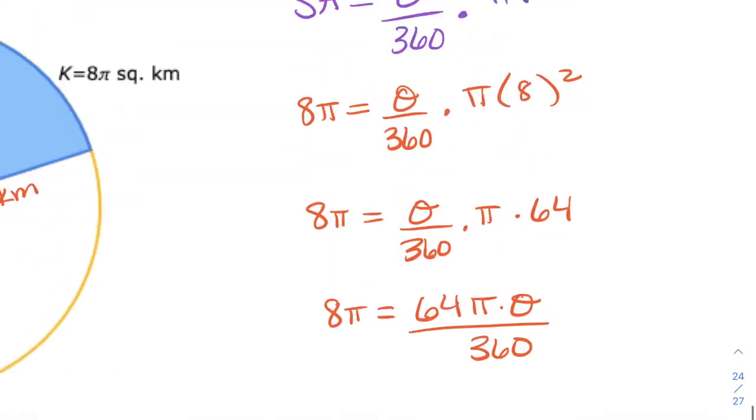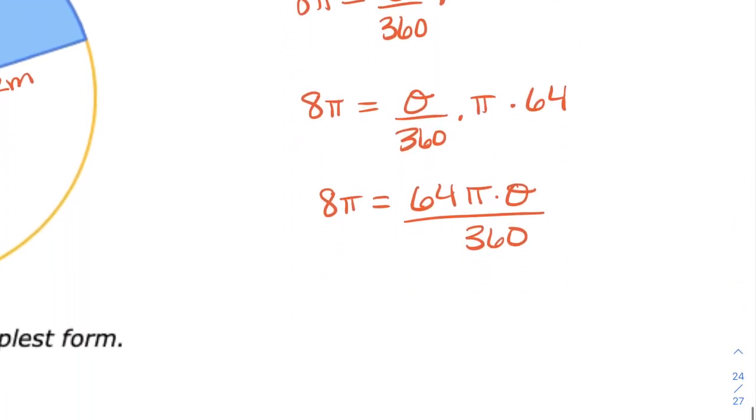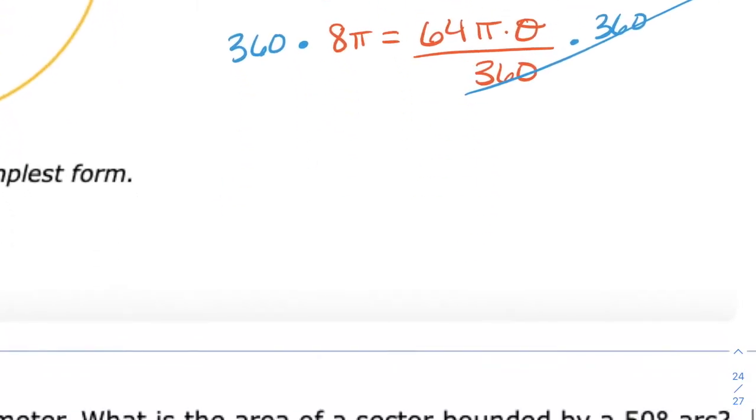And now on both sides, we are going to multiply by 360 because we are trying to get theta by itself. So 2,880 pi equals 64 pi times theta.